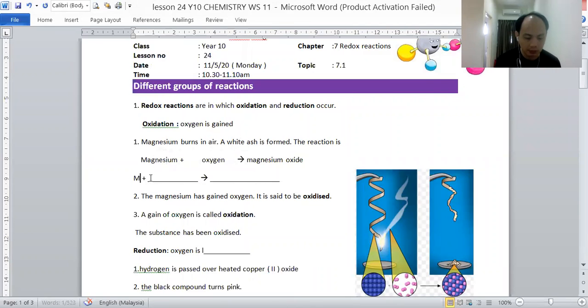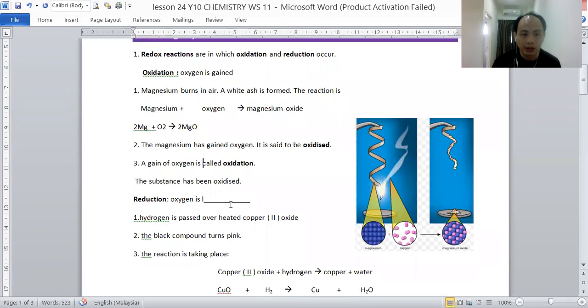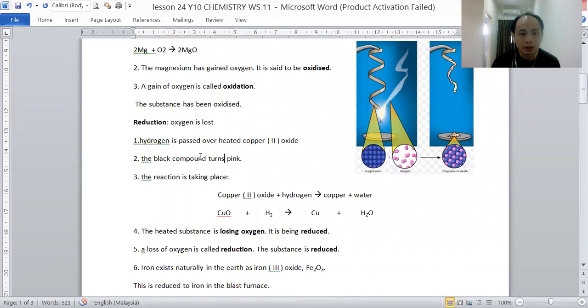So magnesium plus oxygen produce magnesium oxide. To balance it. Number 2, the magnesium has gained oxygen. So magnesium is considered to be oxidized. A gain of oxygen is called oxidation. So the substance has been oxidized. Reduction means oxygen is lost.